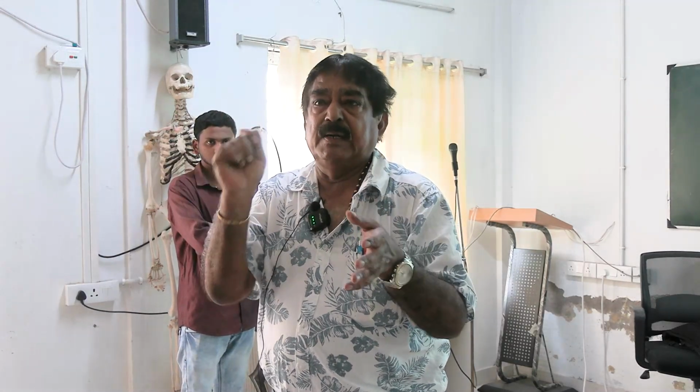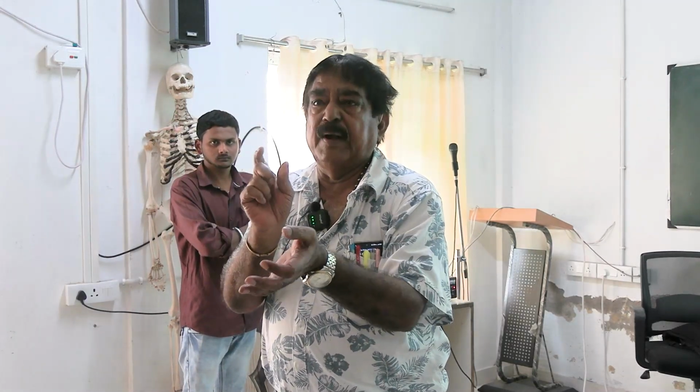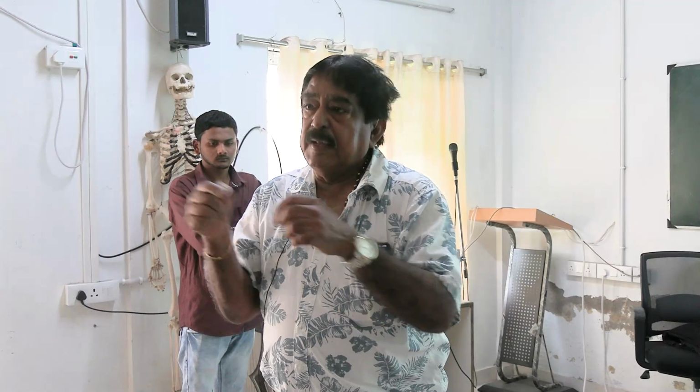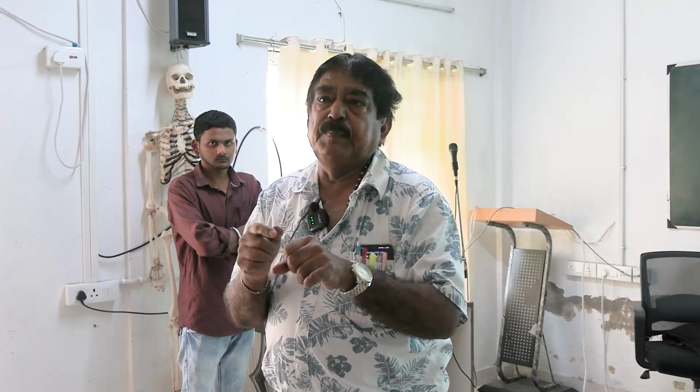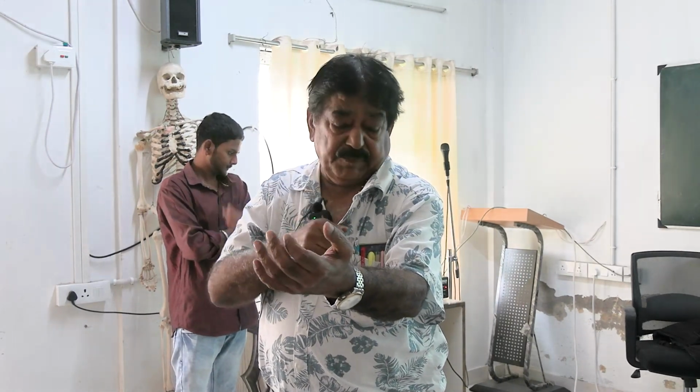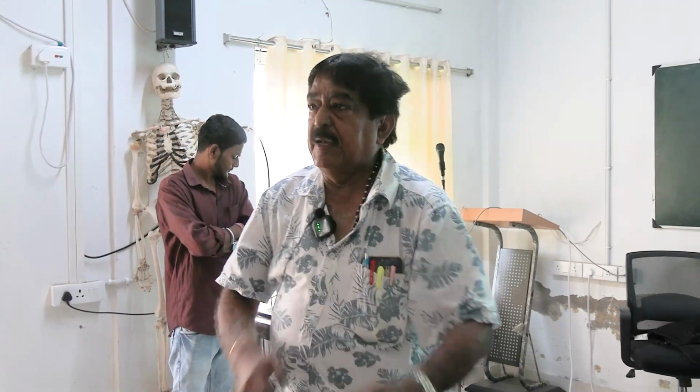When you go to the clinics, you will get a rubber hammer, and inside there is a pin. Now when you want to get a knee reflex, you hit the tendon just below the knee, and it will go like this.